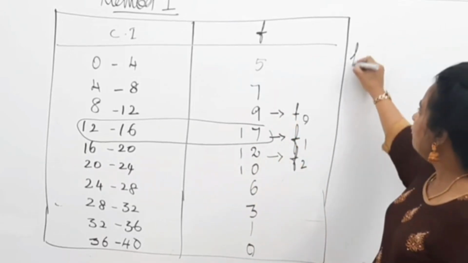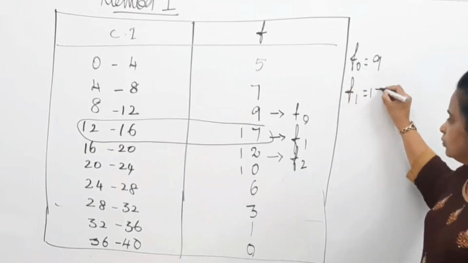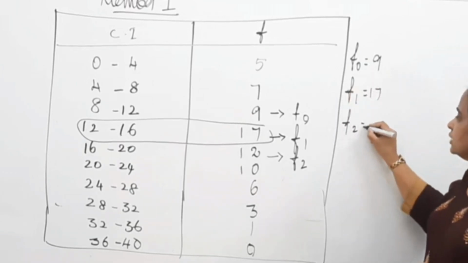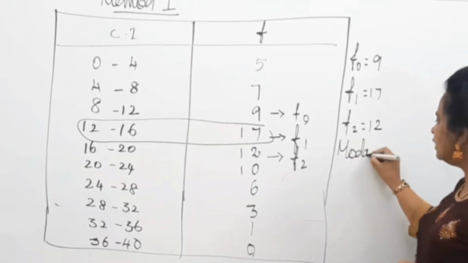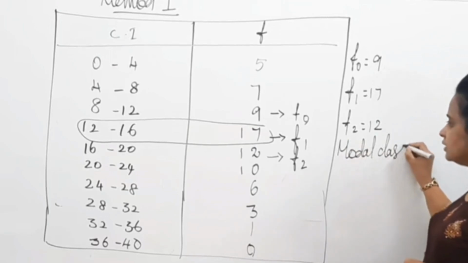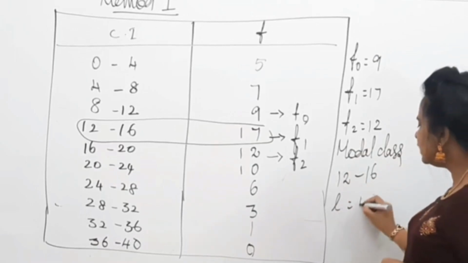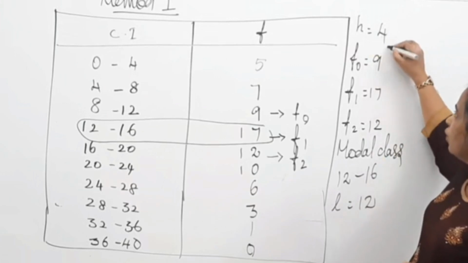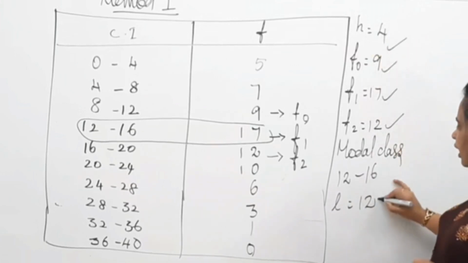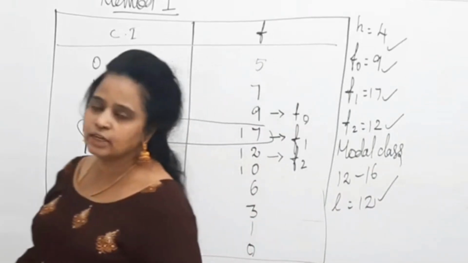So my F0 is equal to 9, F1 is equal to 17, F2 is equal to 12, and my modal class is 12 to 16. I have these values, so I will substitute in my formula.